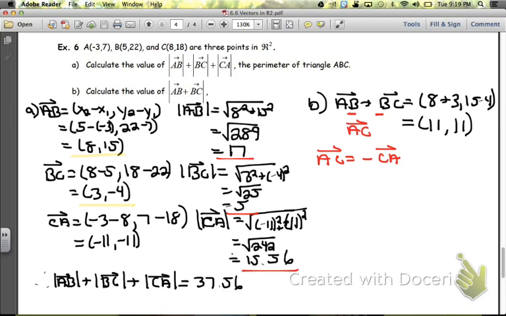Okay, and we know CA, which is (-11, -11). So by that, we also therefore know that the magnitude of AC is equal to the magnitude of CA, which is our 15.56. And that is example 6.